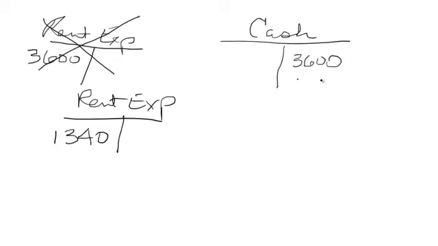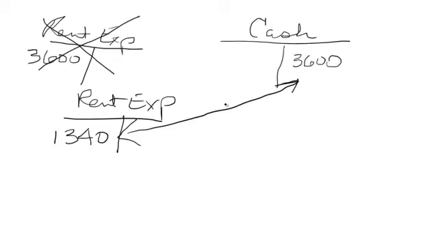Are we in balance? No, we're not. What's the difference? If you subtract the $1,340 from the $3,600, you'll see that the difference is the $2,260 that's in that column 1, the difference between the debits and the credits column.